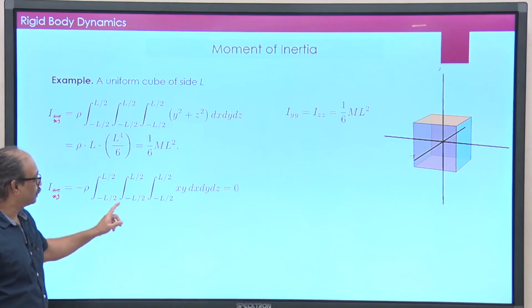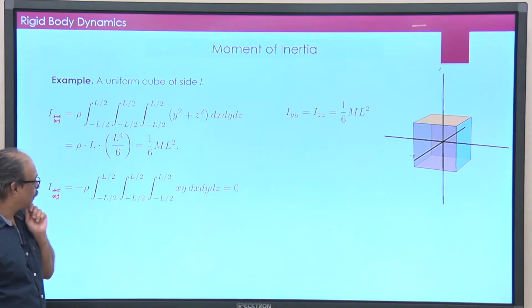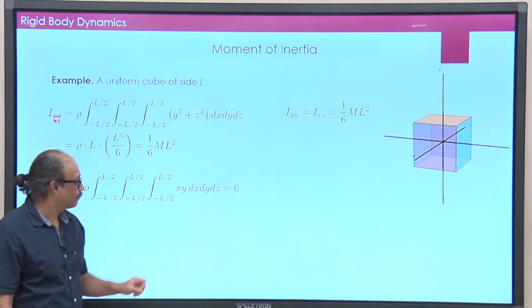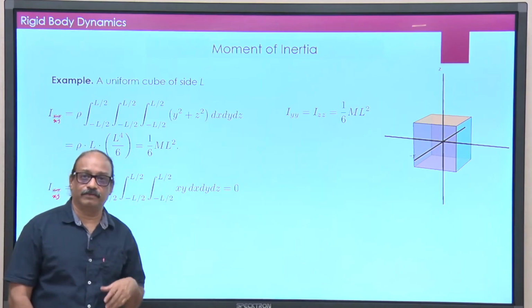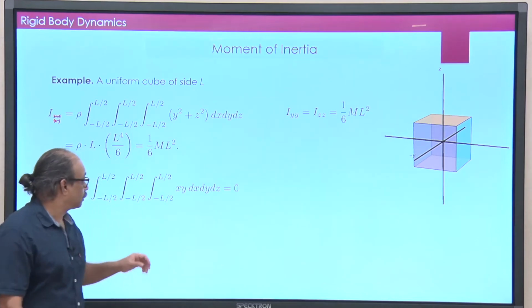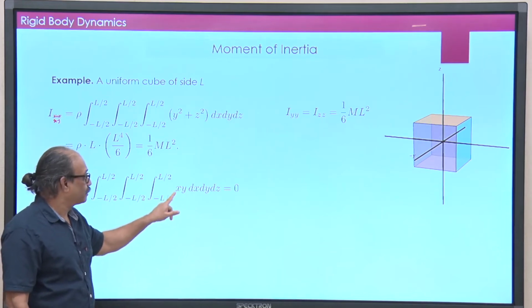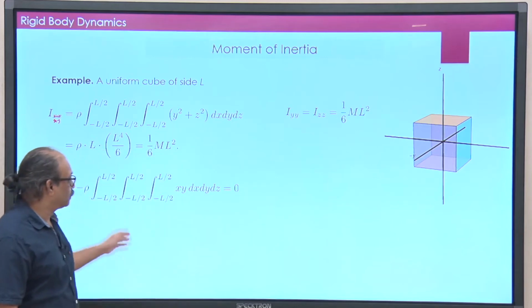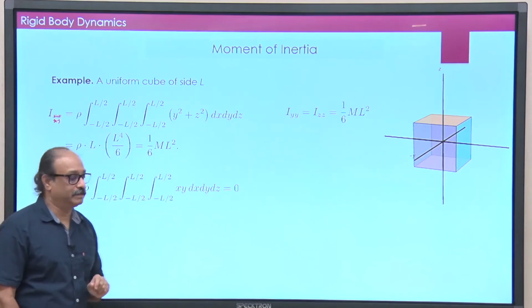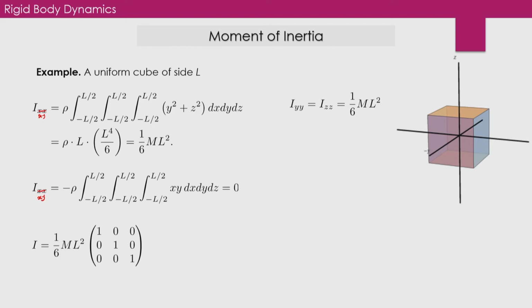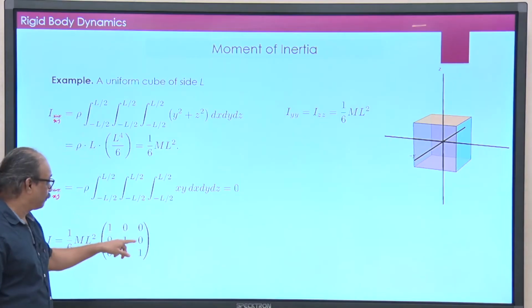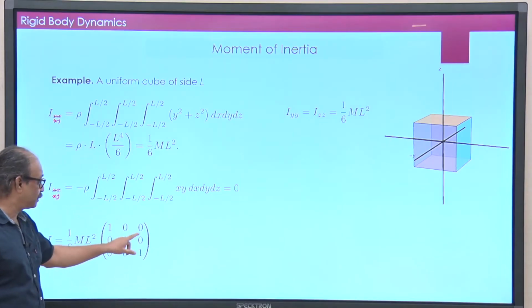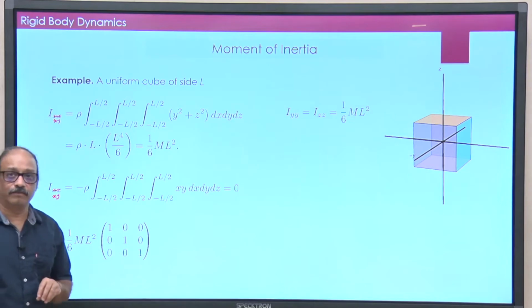So, if you integrate this, you can immediately see that if I do the z integral, or the x integral, x dx, that is an odd integral, that will immediately give you a 0. So, this quantity will be 0, and similarly the remaining two, I_yz and I_zx, all three off diagonal numbers, they all will be 0.